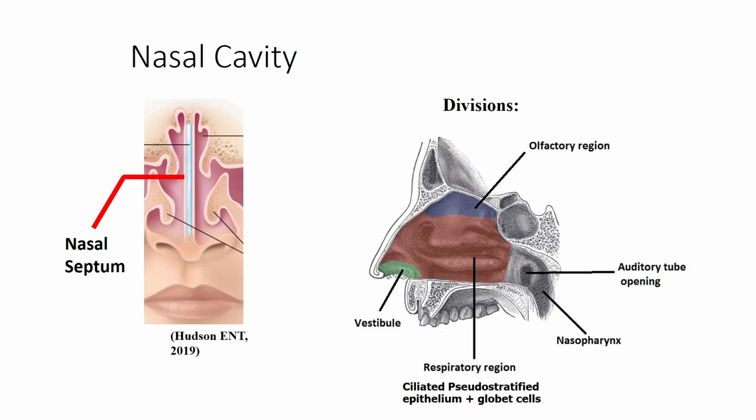This is characteristic of the upper respiratory tract. We will have to remember that this pseudostratified epithelium with goblet cells will be lining the nostrils, the nasal cavities, the paranasal sinuses, mouth, pharynx, and larynx.